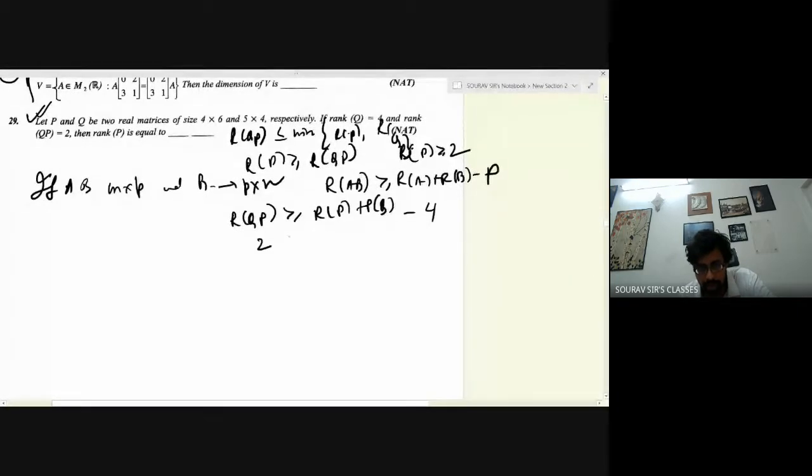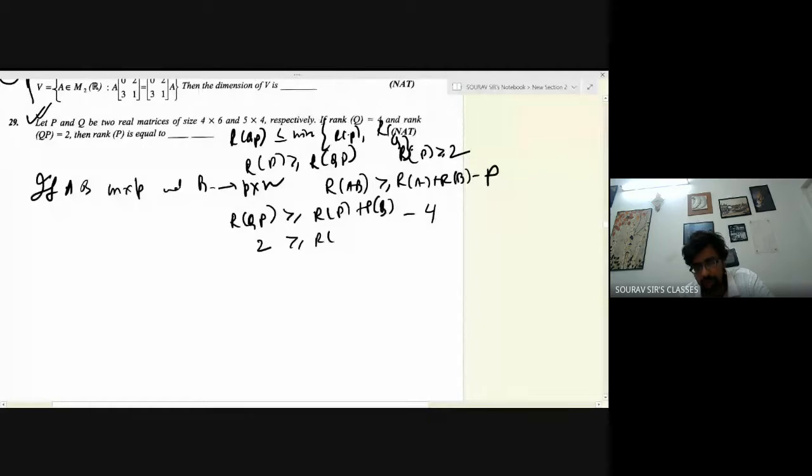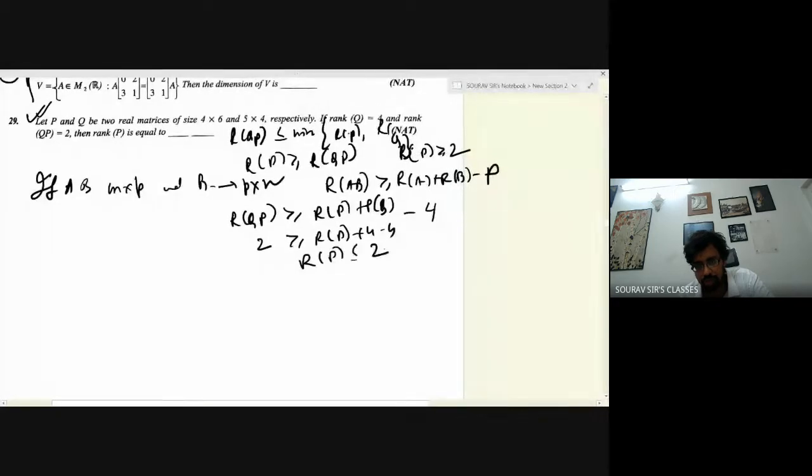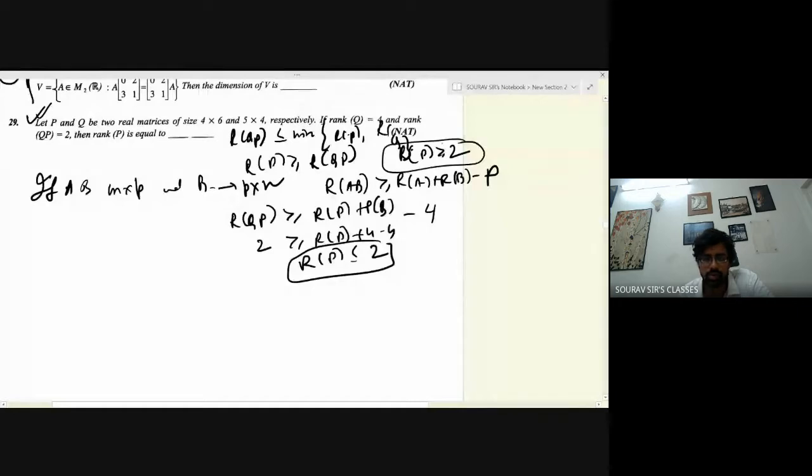So 2 is greater than or equal to rank of P plus 4 minus 4. So rank of P is less than or equal to 2. Now from here less than or equal to 2 and here greater than or equal to 2, so the only possible value is 2.